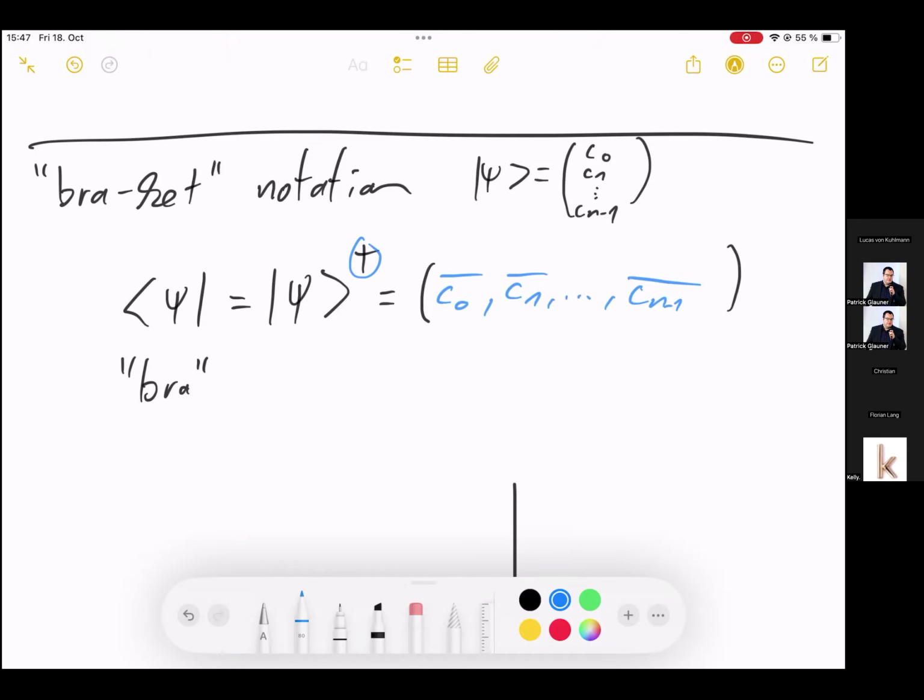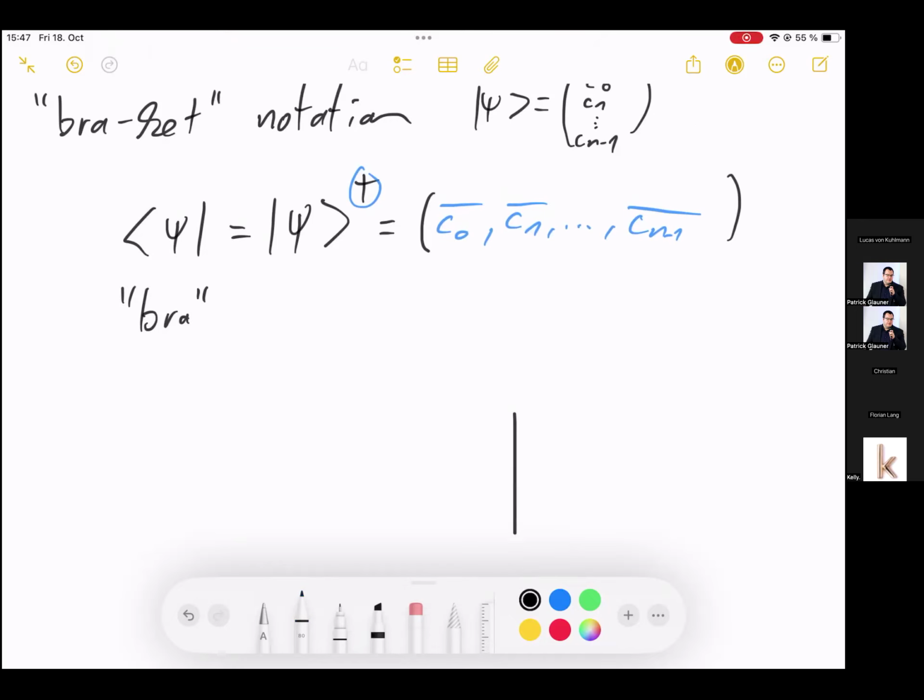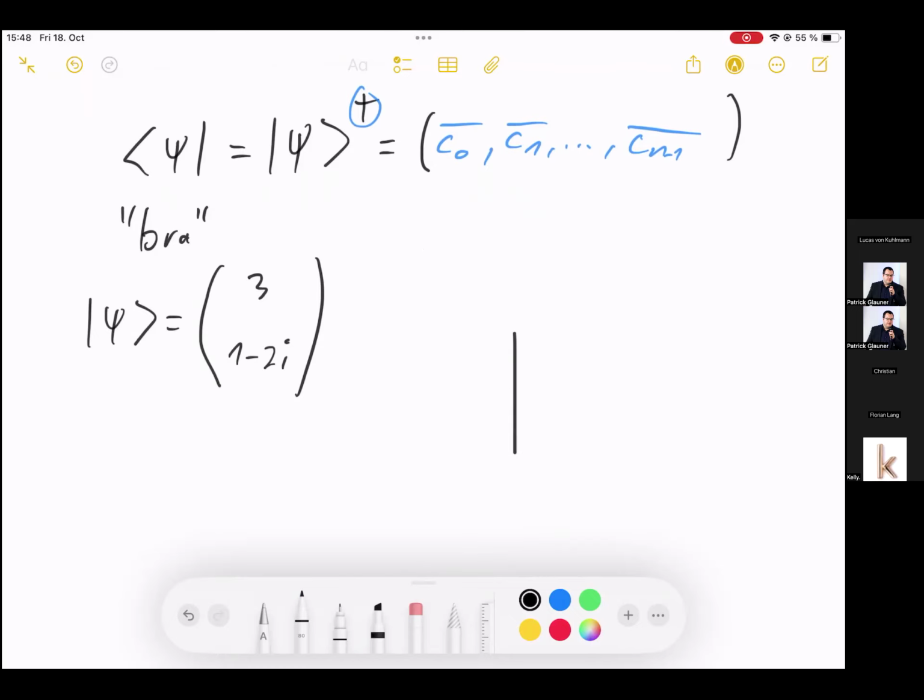Now you'll have a quick task so we can practice this together. Your psi ket is something like this: 3 and 1 minus 2i. What I want from you is the psi bra. Should be fairly easy if you remember the adjoint operation. Once you have this, send it to the chat. We'll compare it.